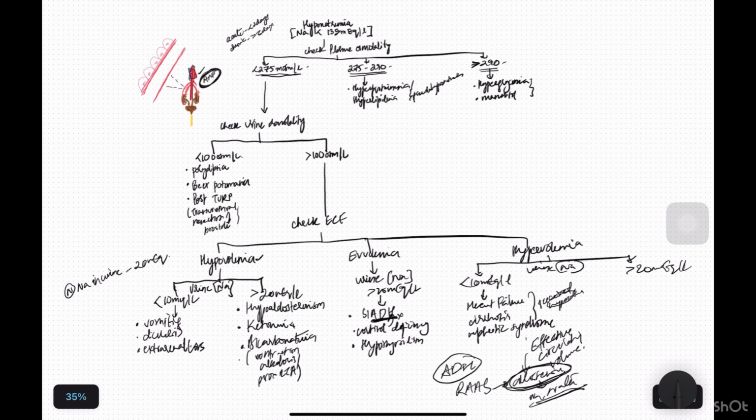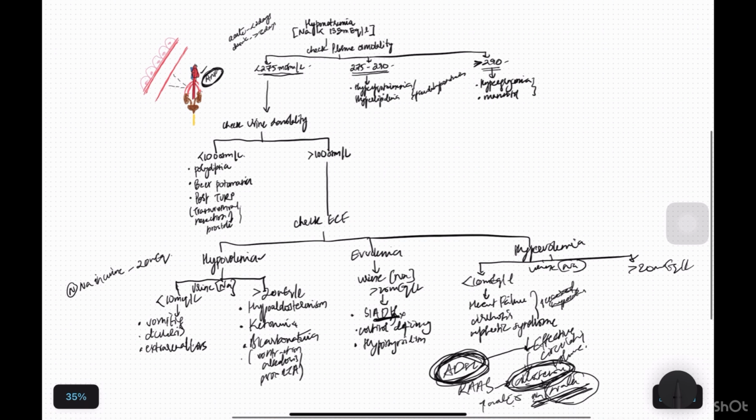So because of perceived decrease in effective circulating volume, your ADH is going to come into play, and this is going to retain water. Your aldosterone is also going to retain sodium and water, but water is being retained by both of them, right? So what will happen? Lot of water retention compared to sodium retention. So hyponatremia with hypervolemia. Now remember, all this volume is going to be outside of the effective circulating volume. It's going to go into your interstitial space, and that's how your edema develops in such cases.